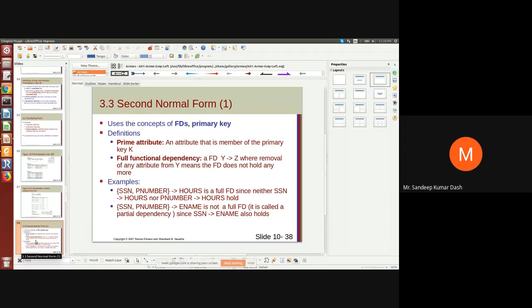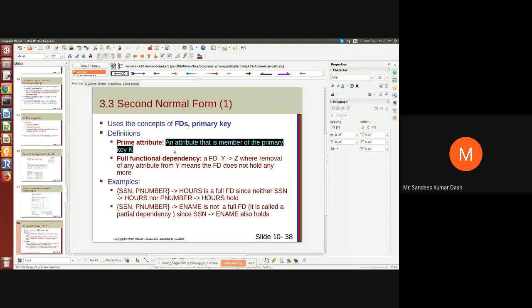Fine. This concept I have already told you: a prime attribute means an attribute that is a member of the primary key of a relation. Not always the primary key, it can be any key, it can be a candidate key also.